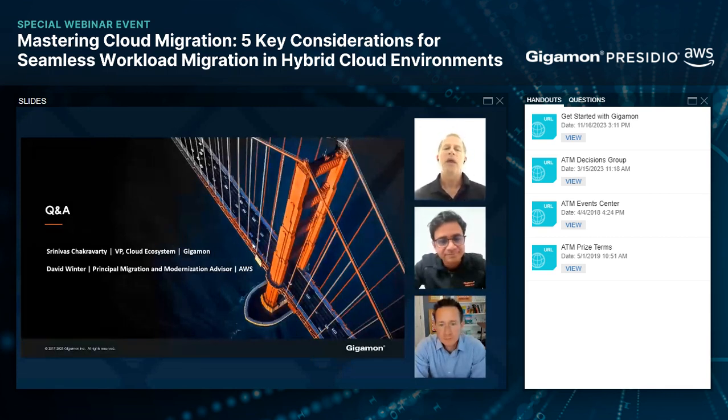Perfect. Thank you. Another one, they want to talk about what Gigamon and AWS are doing on the product front collectively to help customers as they go through their cloud journey? Yeah, that's a very good question. Gigamon and AWS have worked very closely for multiple years. We've qualified our Cloud Suite product.